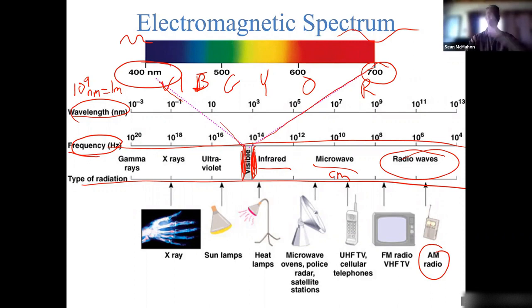Now, if I go to the other side of the spectrum, these are all longer wavelengths, which means they have smaller frequencies, right? Because a longer wave means fewer peaks per second. If I go to the other side where I have shorter wavelengths, I'm going to have higher frequencies, okay? So what would be shorter than violet?